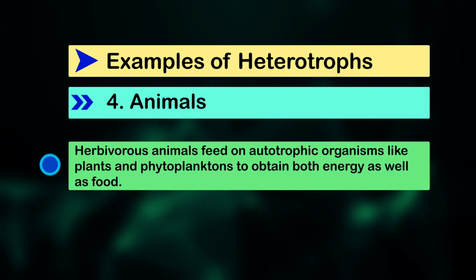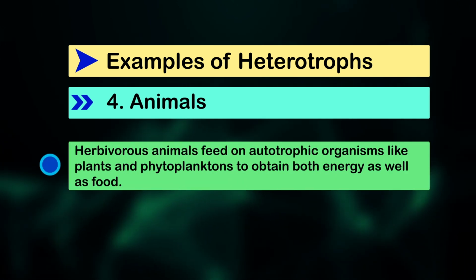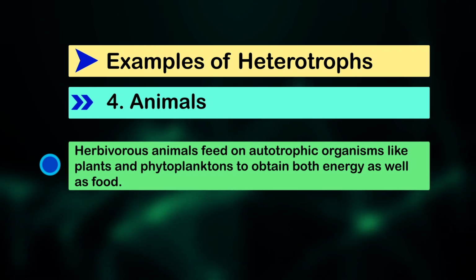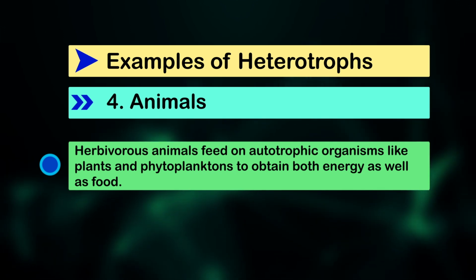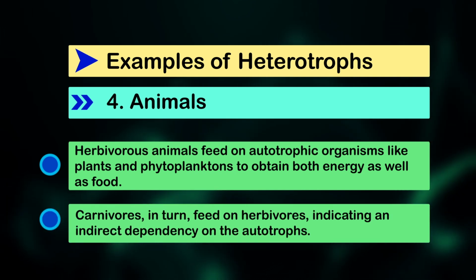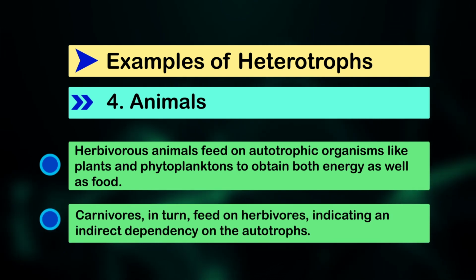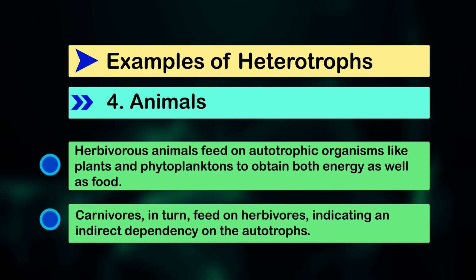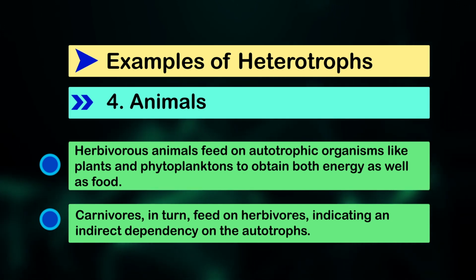Herbivorous animals feed on autotrophic organisms like plants and phytoplanktons to obtain both energy as well as food. Carnivores in turn feed on herbivores, indicating their indirect dependency on the autotrophs.